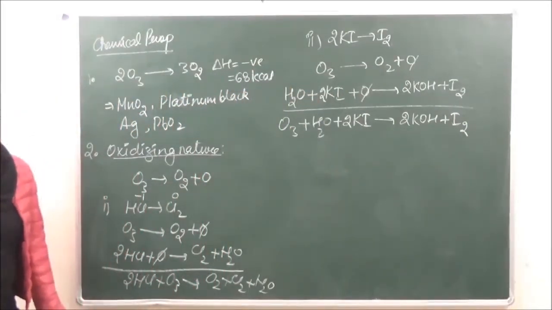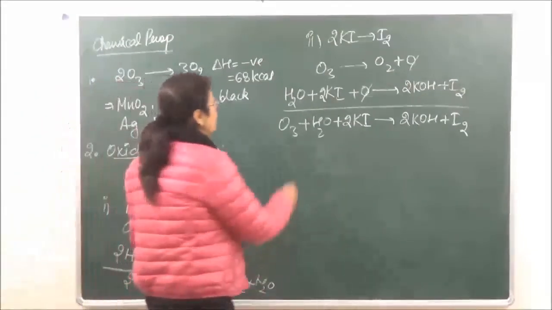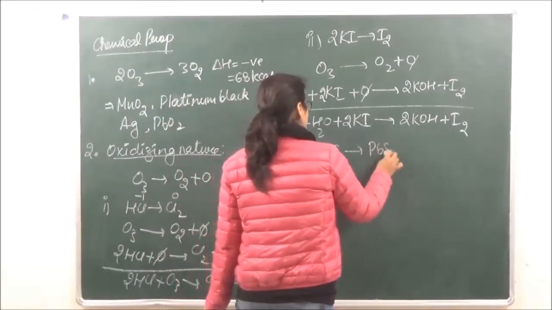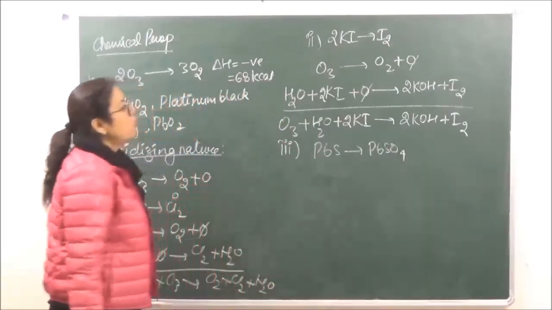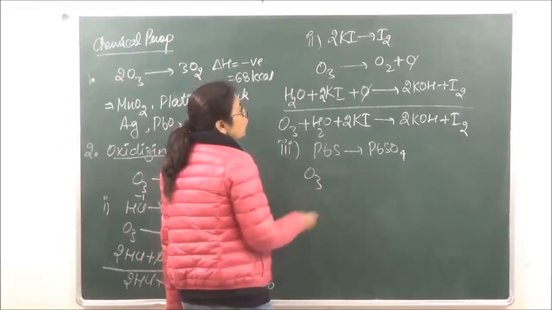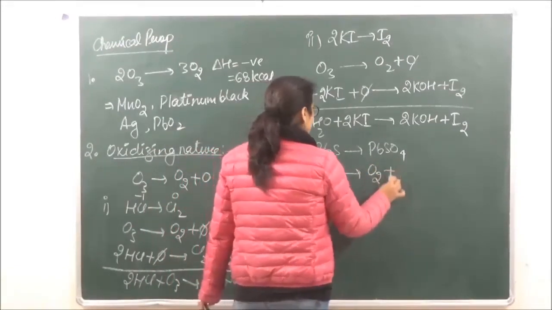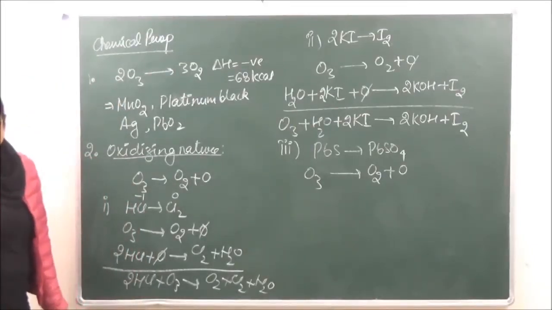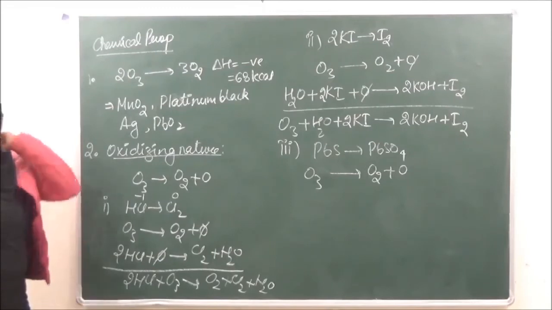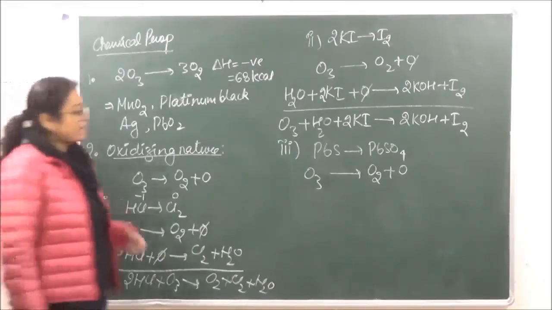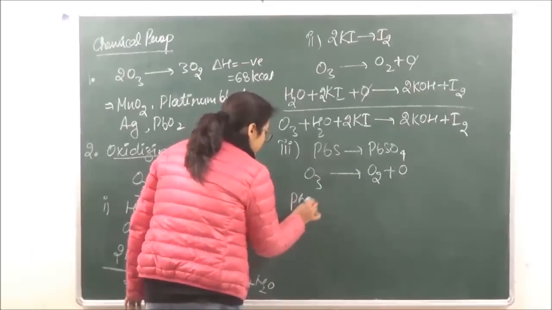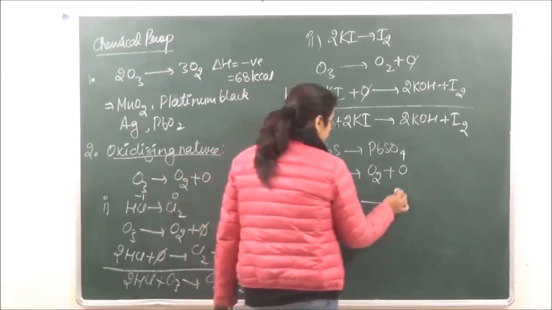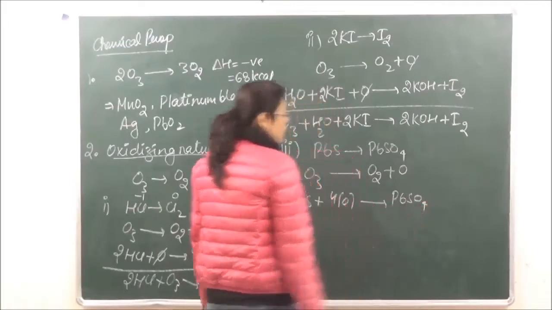In a similar manner, we can convert PbS to PbSO4. We have ozone giving oxygen and nascent oxygen over here, and then you can convert it into lead sulfate by reacting with PbS to give PbSO4.